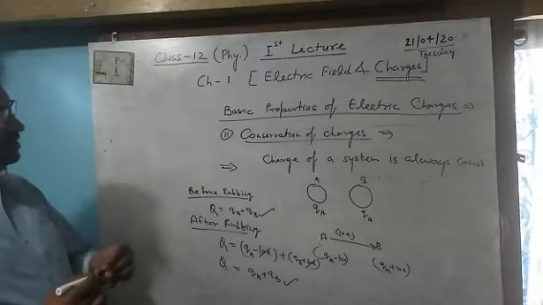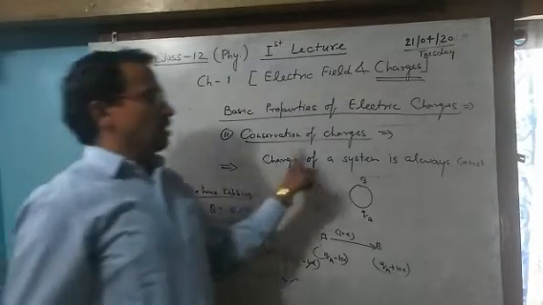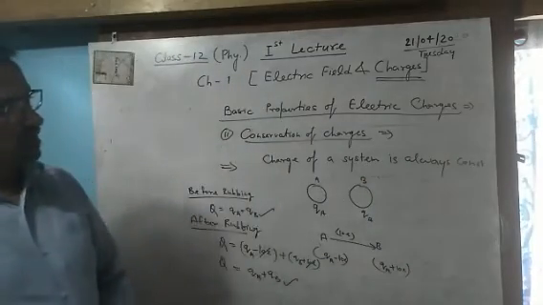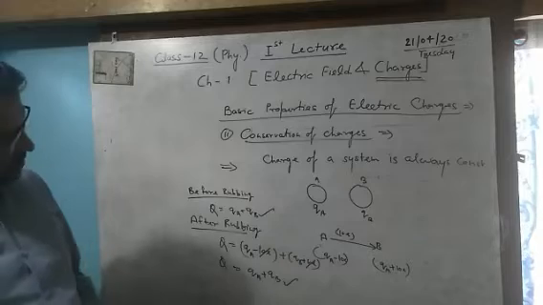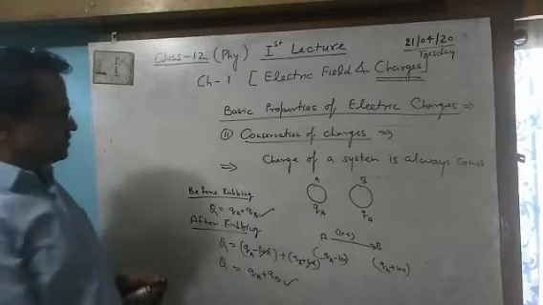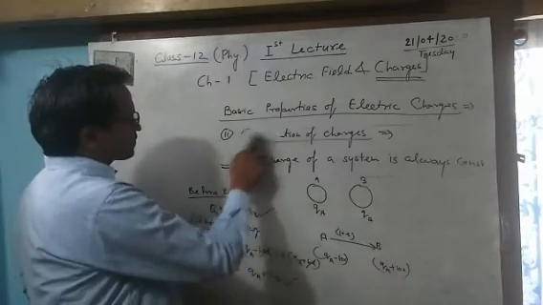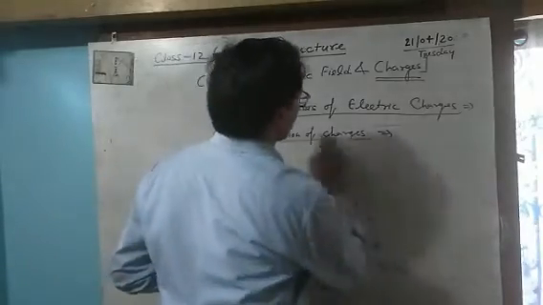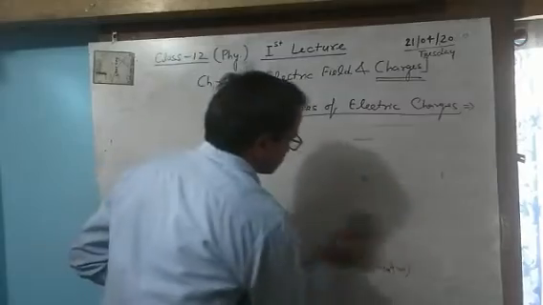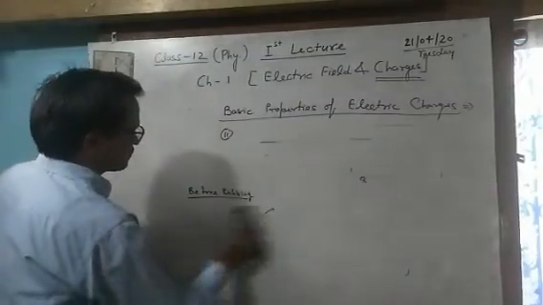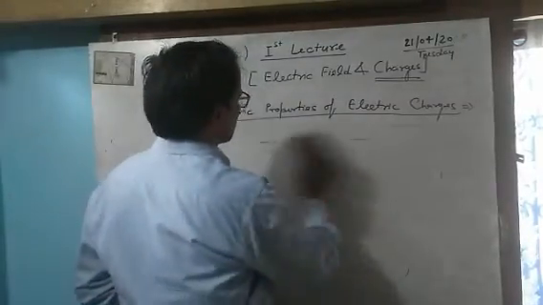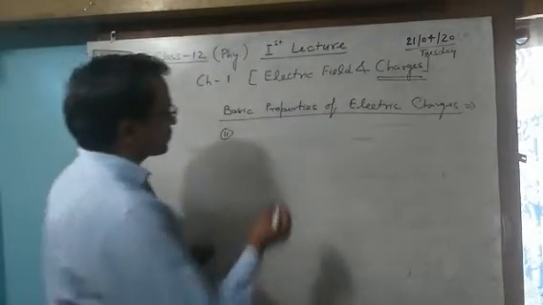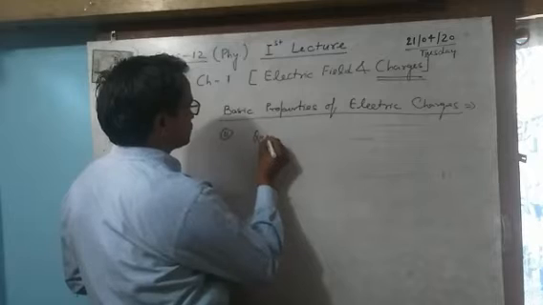This means charge of a system is always constant, that is conserved. Third one is quantization of charge.